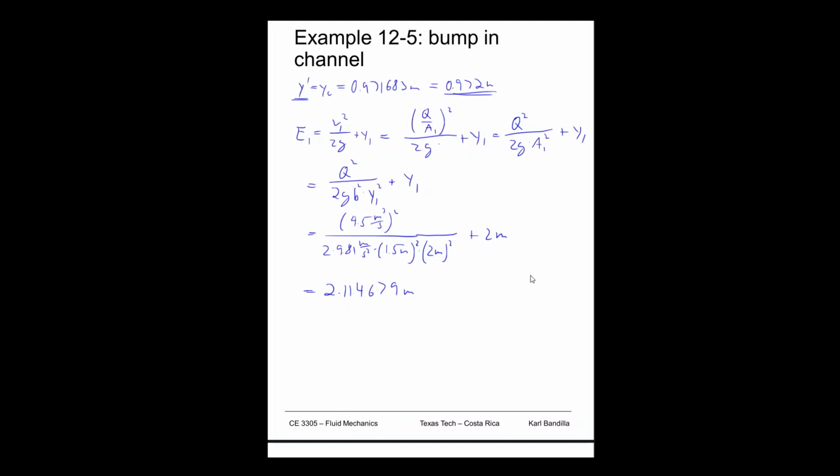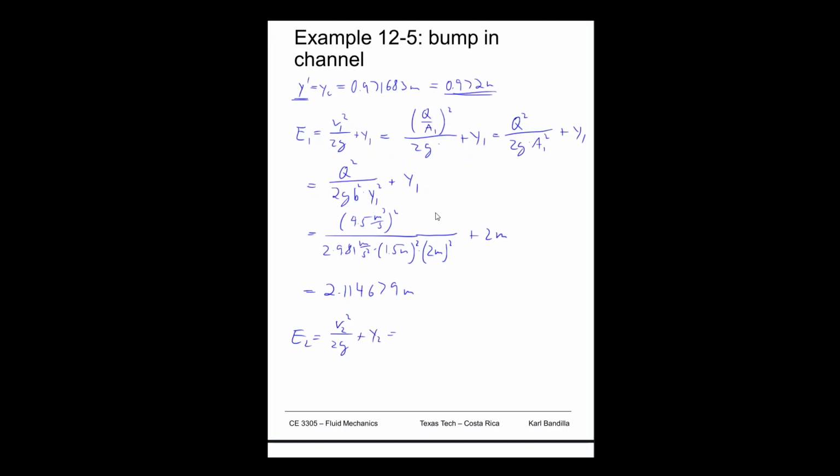So we can basically make our life a little bit easier. We don't have to reevaluate this whole thing. All right, we can say E2 would be, I'll just write the first one in here, so it'll be V2 squared over 2g plus y2.